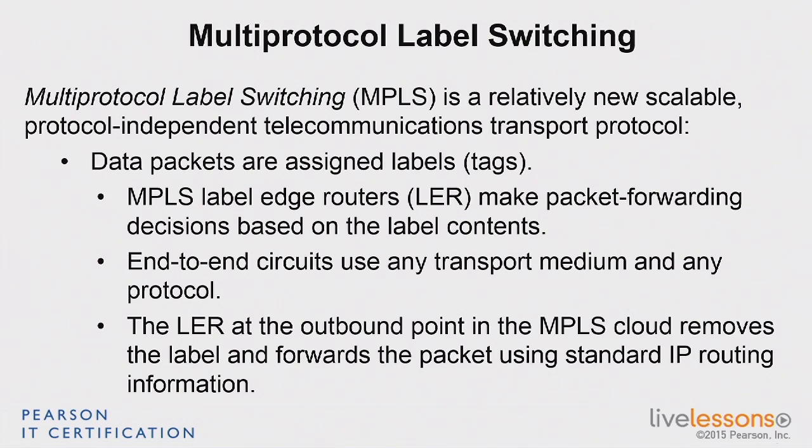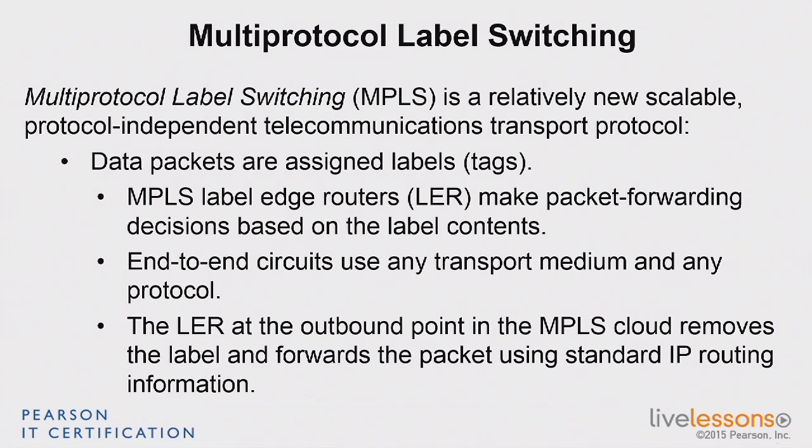So a data packet gets a label, and our MPLS label edge routers decide how they're going to forward that packet, again based on the contents. End-to-end circuits can use any transport medium and any protocol because it's protocol independent. That works inside an MPLS network.